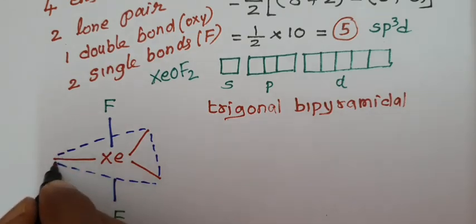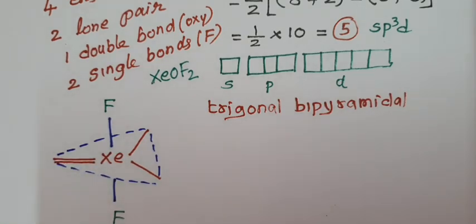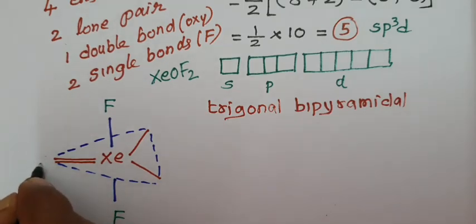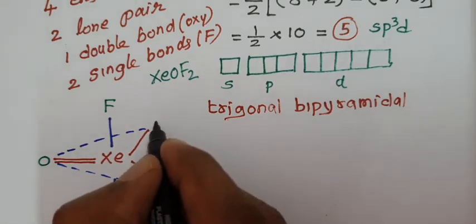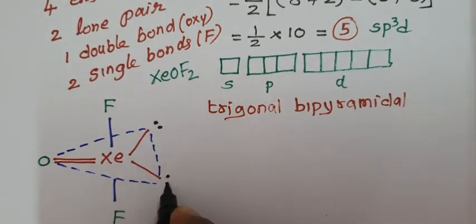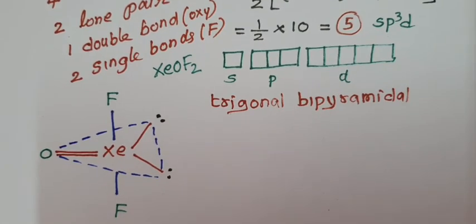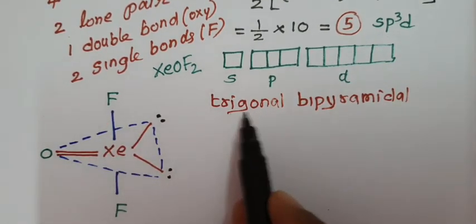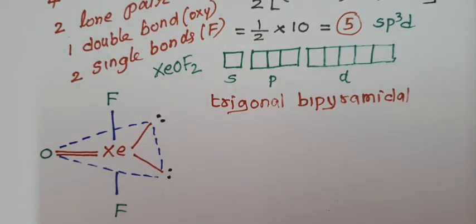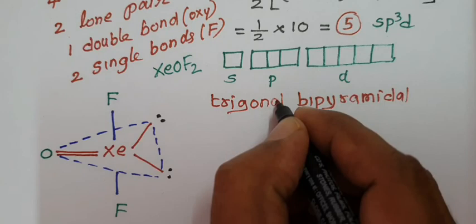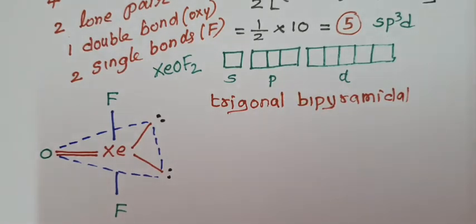This is the oxygen with the double bond, a double bond formed between xenon and oxygen. And there are two lone pairs of electrons, the pairs not involved in bonding. With the lone pairs of electrons, the structure is trigonal bipyramidal.